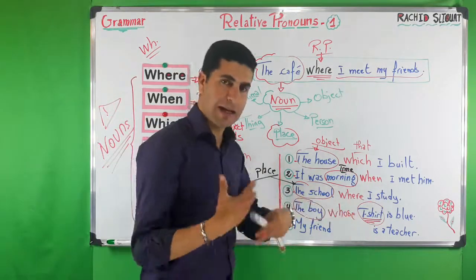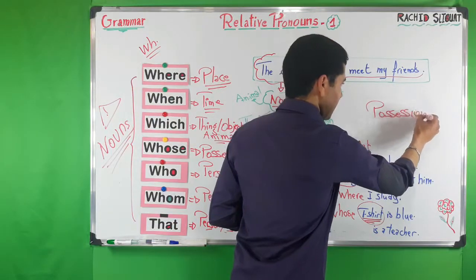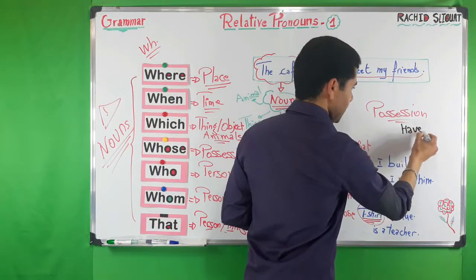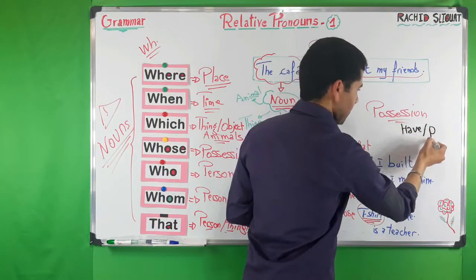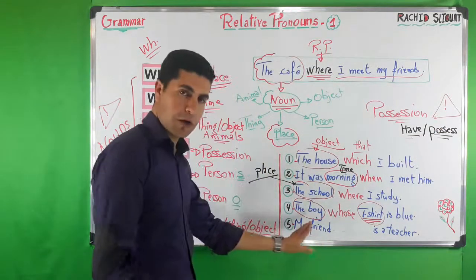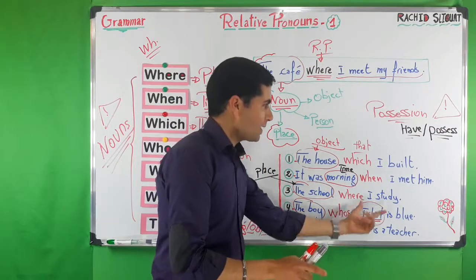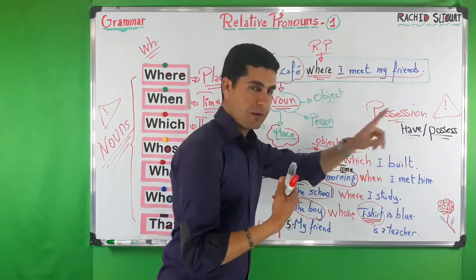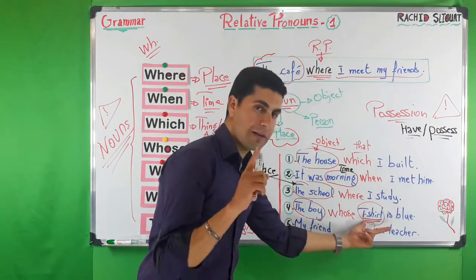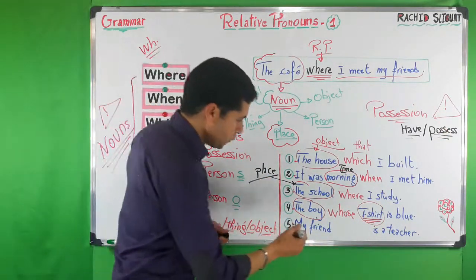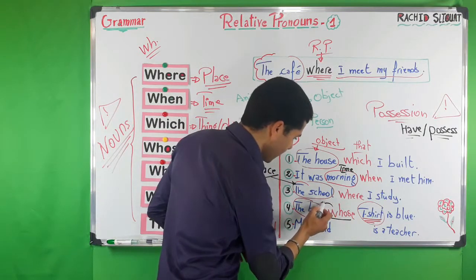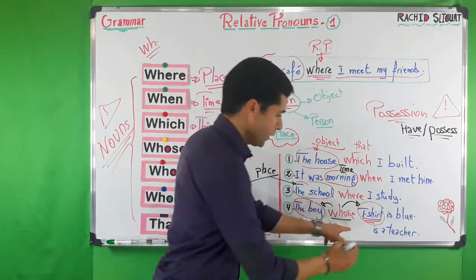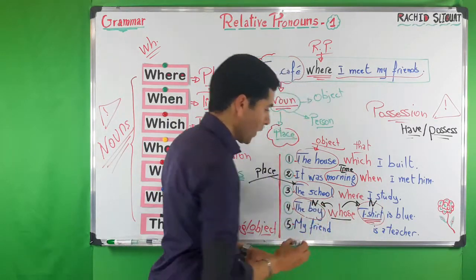So here we are talking about possession. Possession is something related to something that I have, something that we possess. So here we are defining the boy by his t-shirt, something that he has or possesses. As you can see, whose is preceded by a noun and followed by another noun.